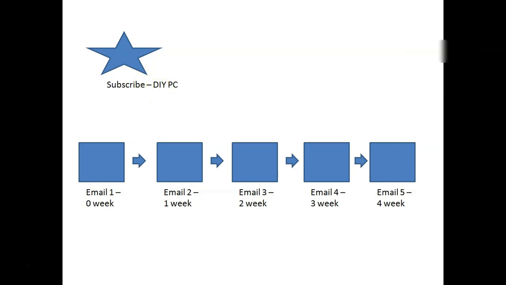So as soon as that's been processed, BuilderAll through MailingBoss will be able to send the first email to the subscriber, called email 1. Now we can also program email 2 to come 1 week after they subscribe into the list, email number 3, 2 weeks after, email number 4, 3 weeks after, email number 5, 4 weeks after.